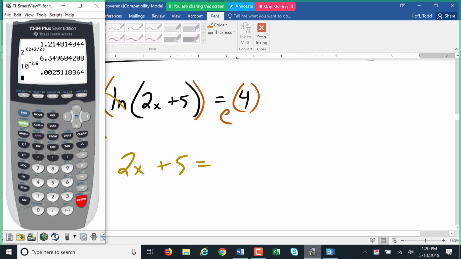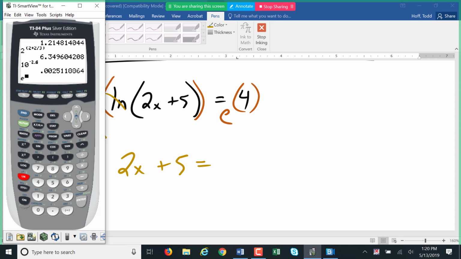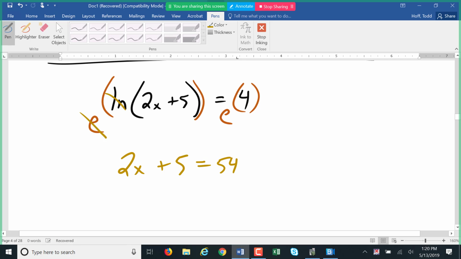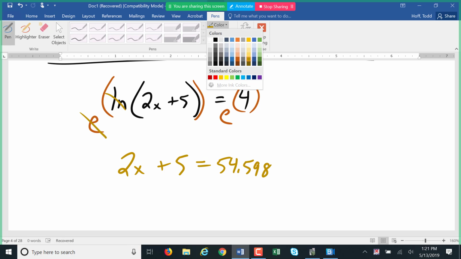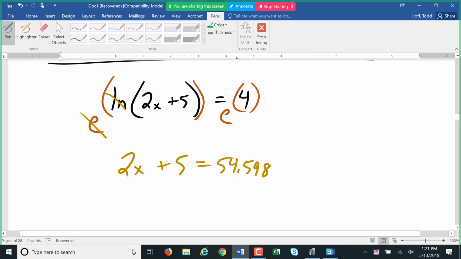Now on your calculator, to do e to the power of 4, remember it's that second function above the ln. You do second e to the x, and then 4. 54.598. Then what do we do?